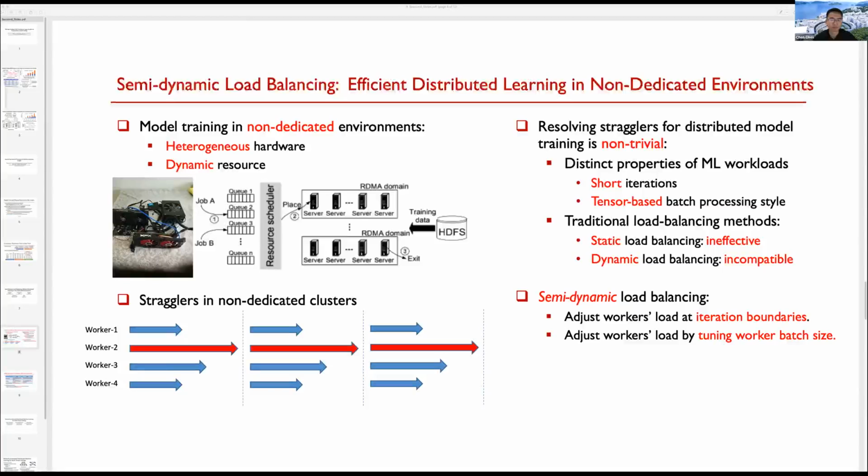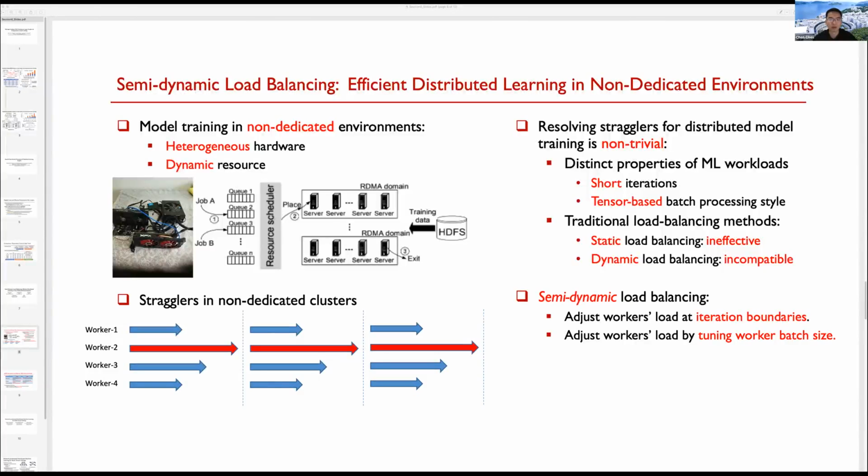First, because different iterations share the same computation graph, the behavior of the recent iterations can play as a valuable reference for the near future. This way, we can measure the worker status at the iteration boundaries. And second, under the bulk synchronous parallel scheme, we have a natural opportunity to centrally collect all the workers' progress status at the iteration boundaries.